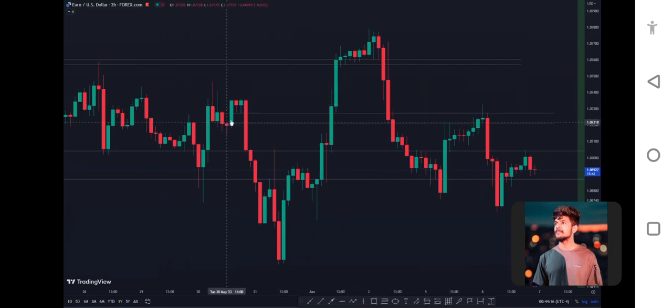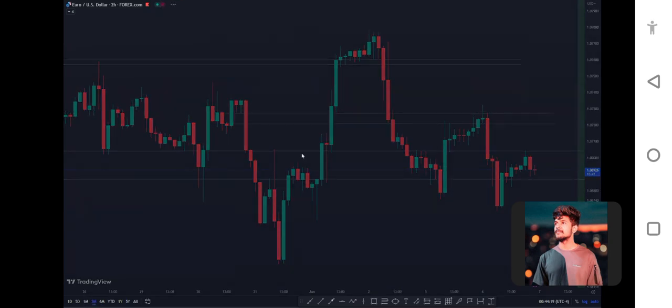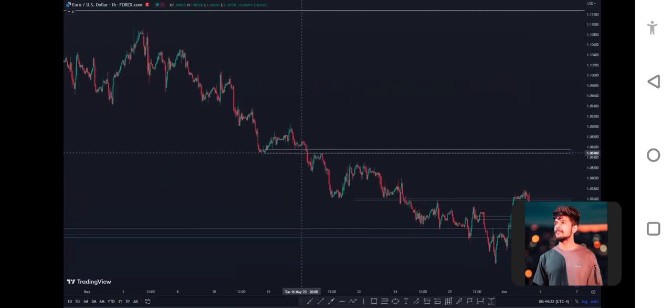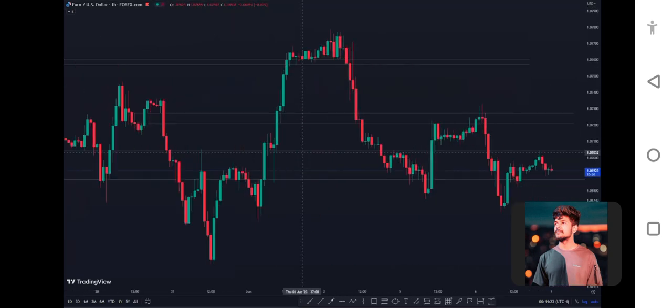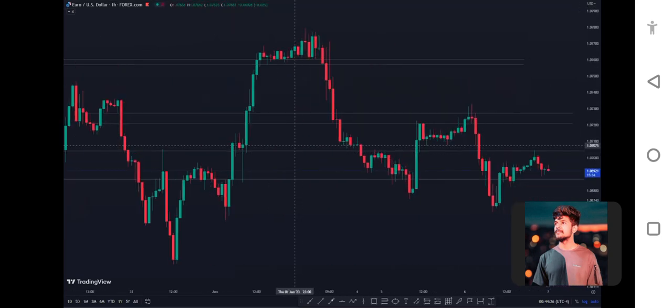It is respecting the old 1 hour fair value gap. It is respecting the old fair value gap. This one, how it is respecting the fair value gap. See that? Yeah.